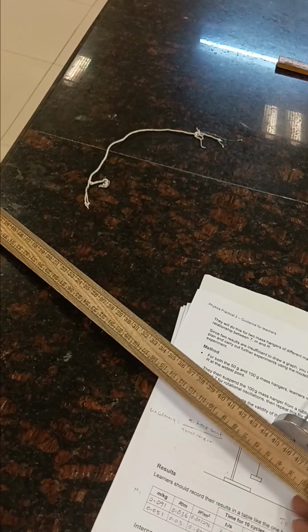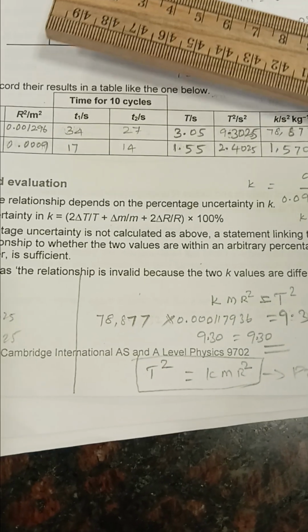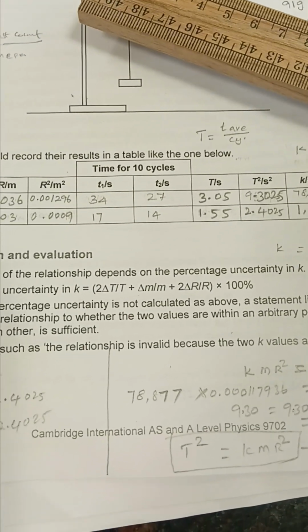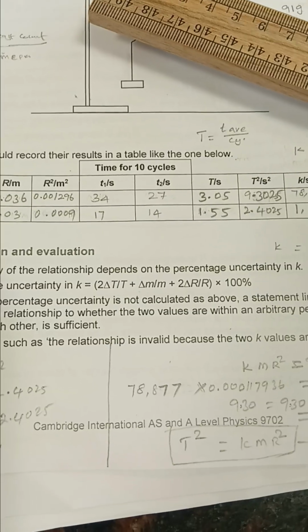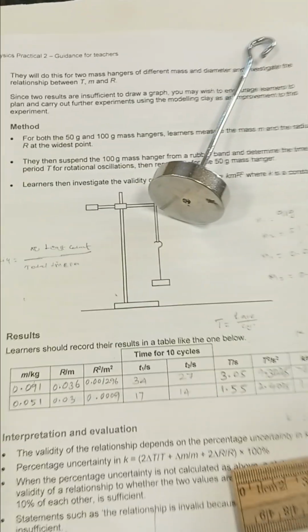We put it like this and see how much radius there is. So this is the 100 gram one. How much radius is there? Exactly, it is 3.6 centimeter.